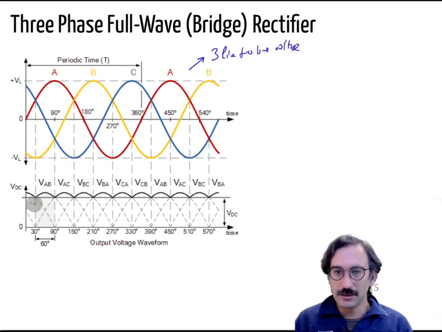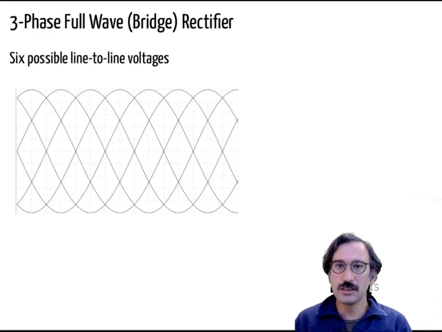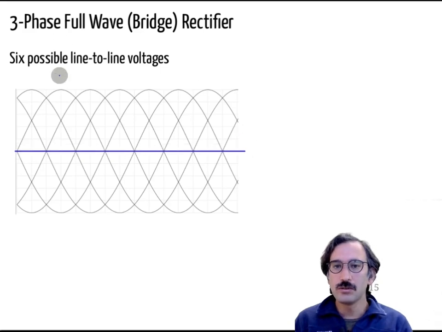And actually I can draw 6 line to line voltages here. I mean, by 6 line to line voltages, let me show it here at first if you want. So for example, this one, let's give a label to that one.